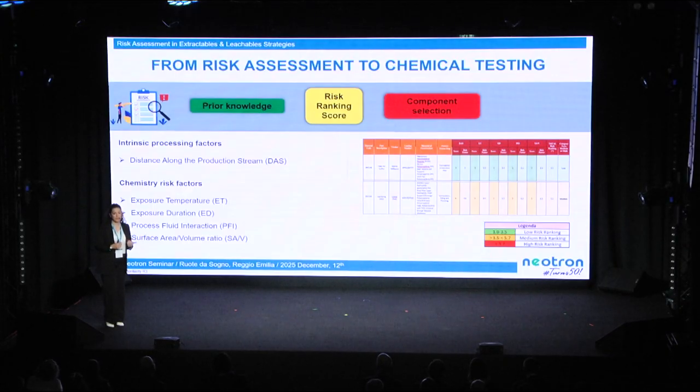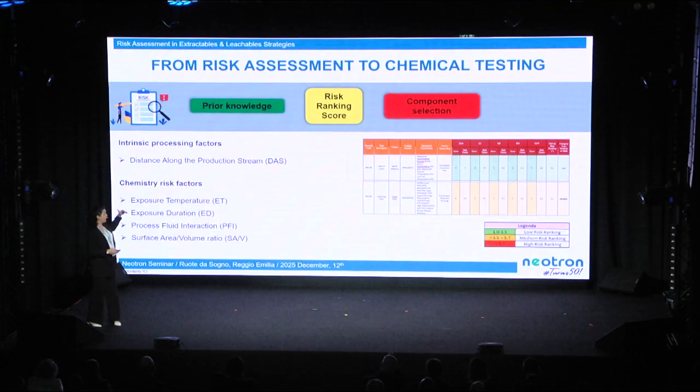So we can define if it is in compliance with that specific process and that specific drug formulation or not. And to do that, we can use different factors. The intrinsic processing factors, like the distance along the production stream, and all the chemical factors, so exposure temperature, the duration of the exposure of the drug formulation to the materials, the chemical interaction, and of course also the surface area to volume ratio.